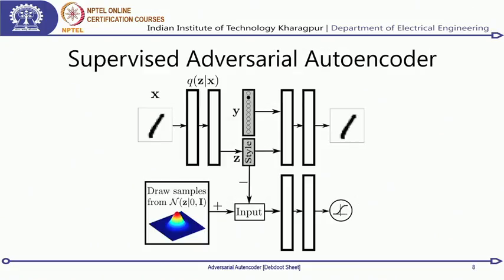Okay. Now, there is also something called a supervised adversarial autoencoder. In this case, the difference is that the class level information is not given to the discriminator, but is passed on to my decoder part. It may be class level information, or it may be other information from a possible generation model.